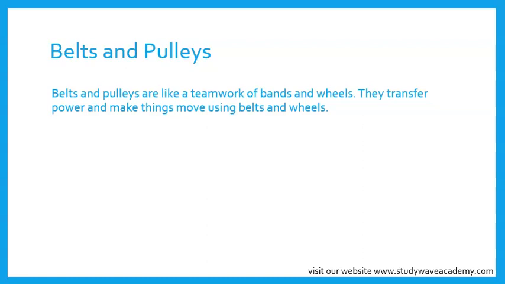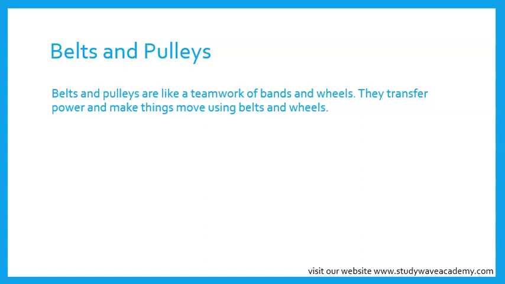They are the part of the system that transfers power in machines and devices. The belt is a long, flexible band, and the pulley is a wheel. When you wrap the belt around the pulley and turn the pulley, the belt moves. It's like when you pull a rope over a wheel to lift something.